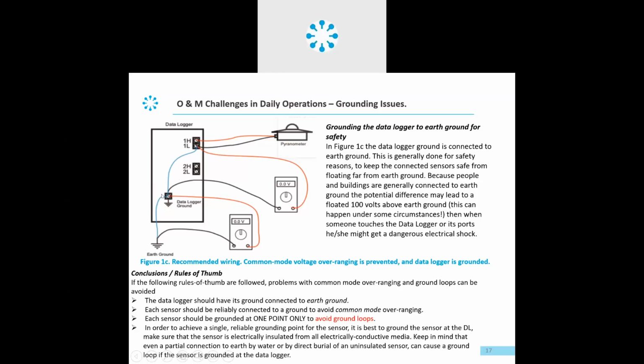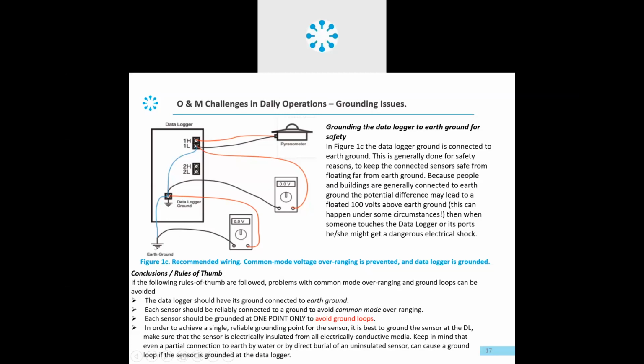And this ground should be the DC ground, not the AC ground, because AC grounds have different potentials due to several different devices with different resistance connecting to the same ground. This potential difference can again lead to floating voltages or ground loops. These ground loops can again create these issues of voltage buildup. So it's better to always connect to the DC ground.